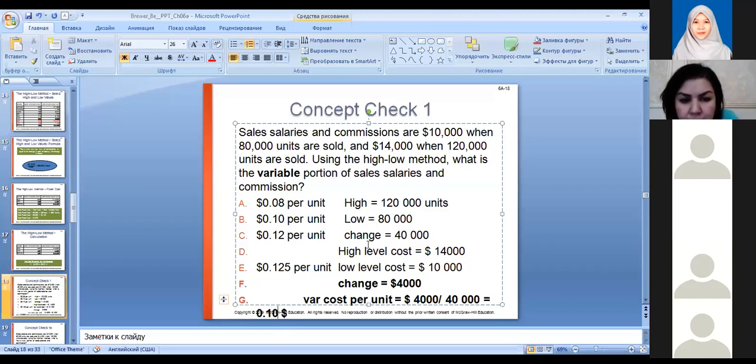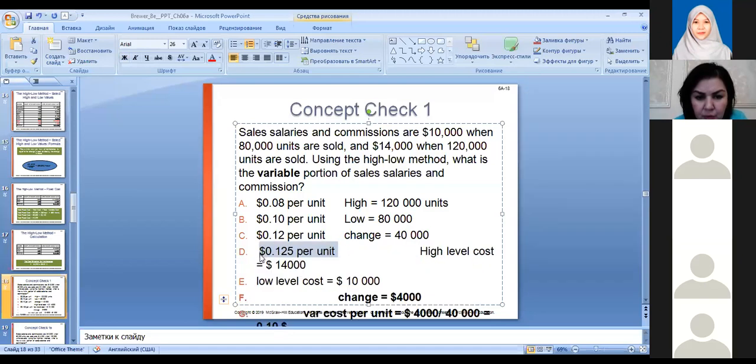So which answer is correct? If we have A, B, C and so on, which one is correct? B. B is correct, yes.